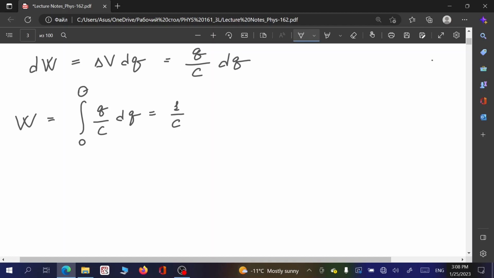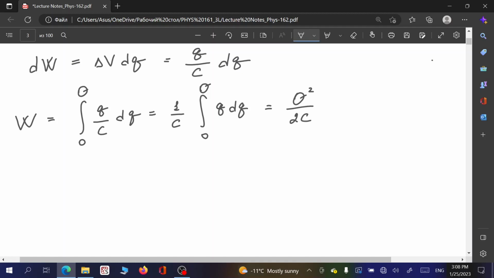One over C integral from 0 to Q dq. And eventually we get Q capital in second power divided by 2C.